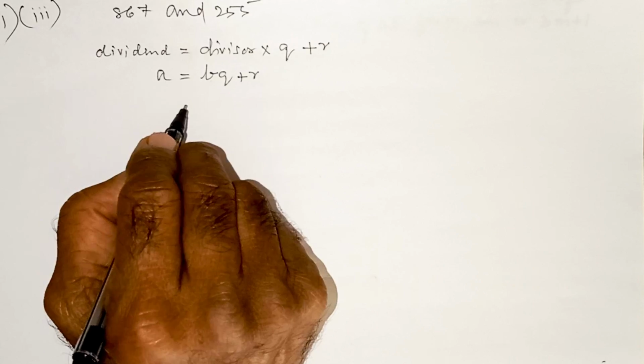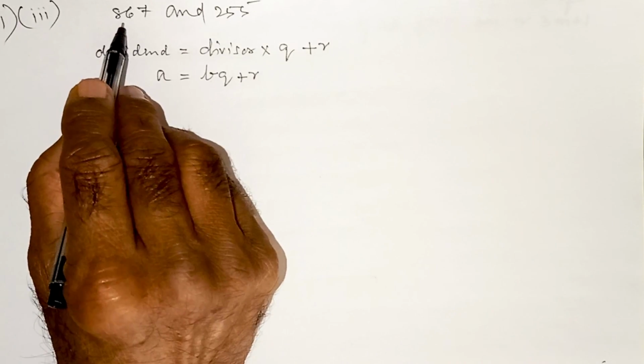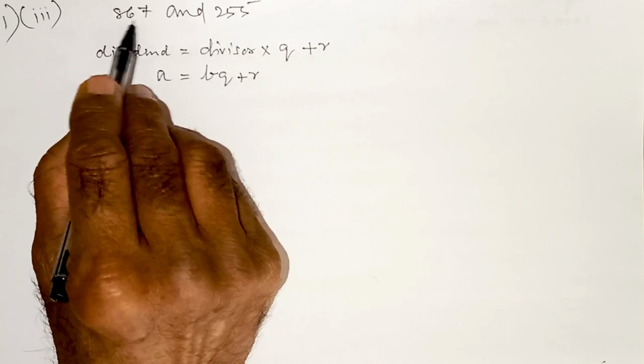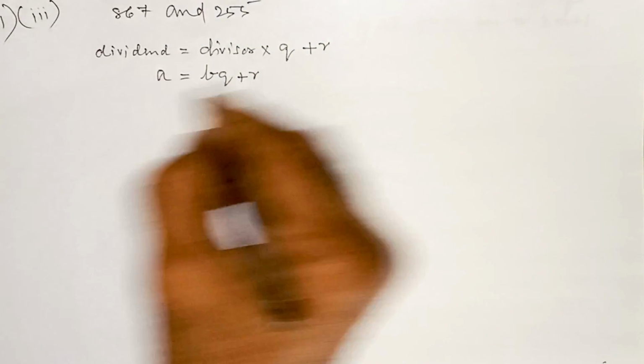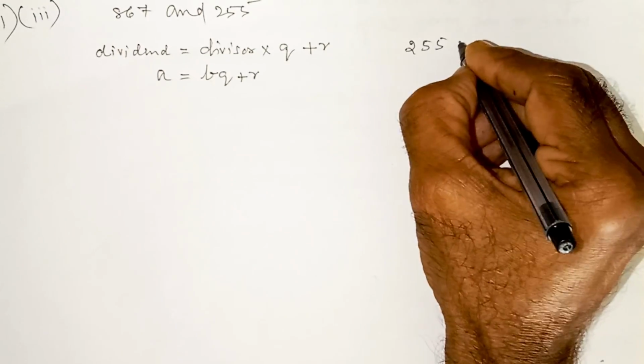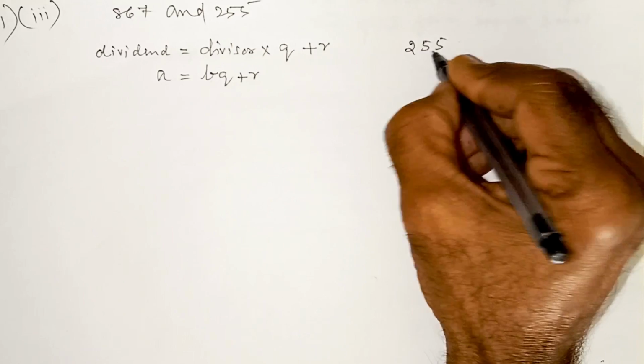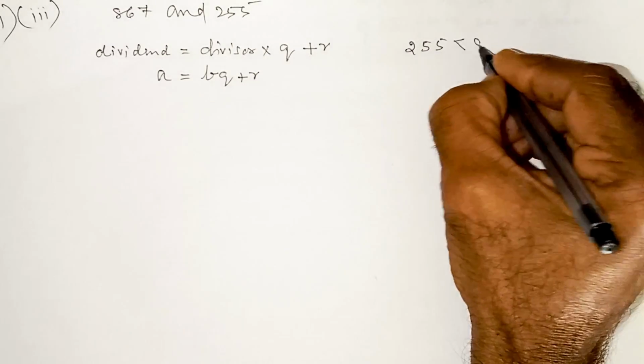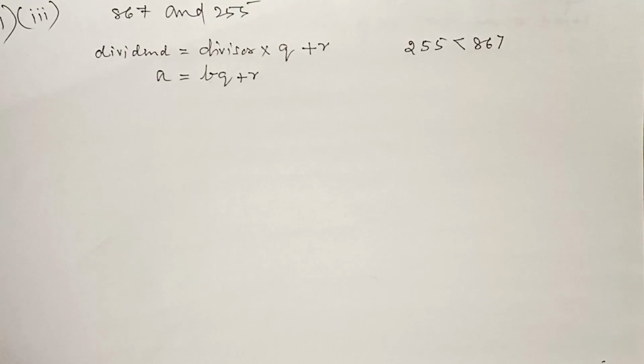Now, when we start finding out the HCF of 867 and 255, all you need to know is which is the greater number and which is the smaller number. 255 is smaller than 867.